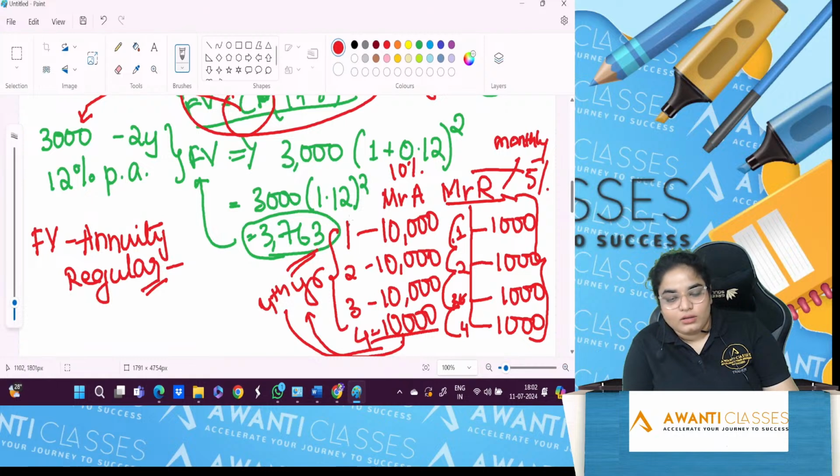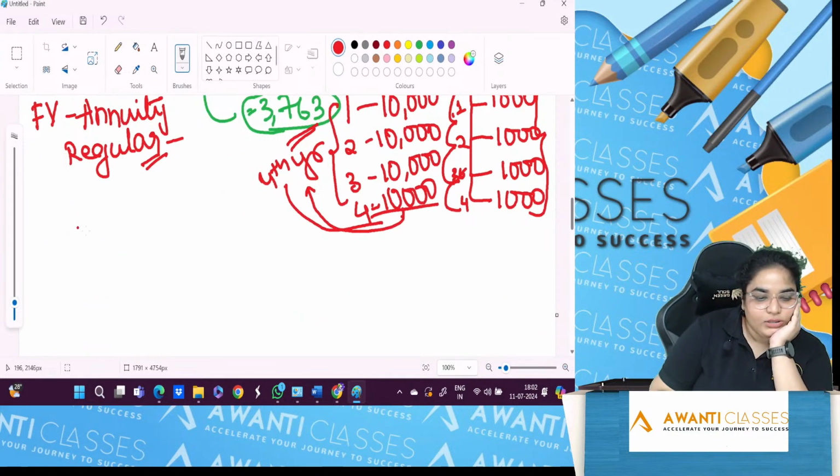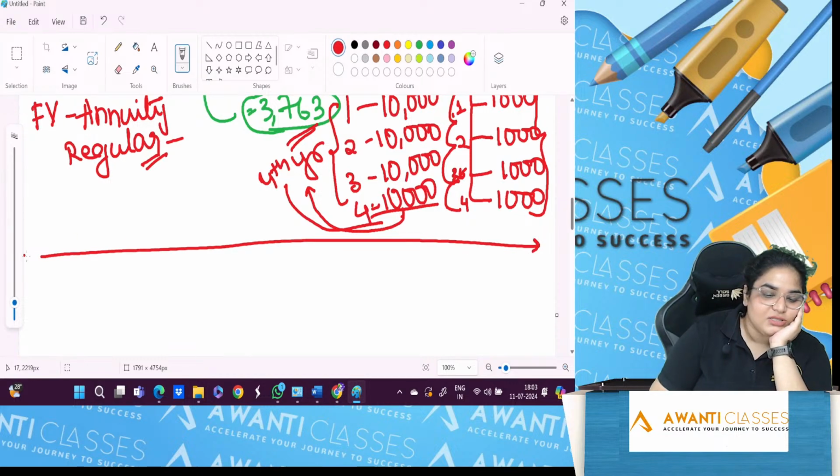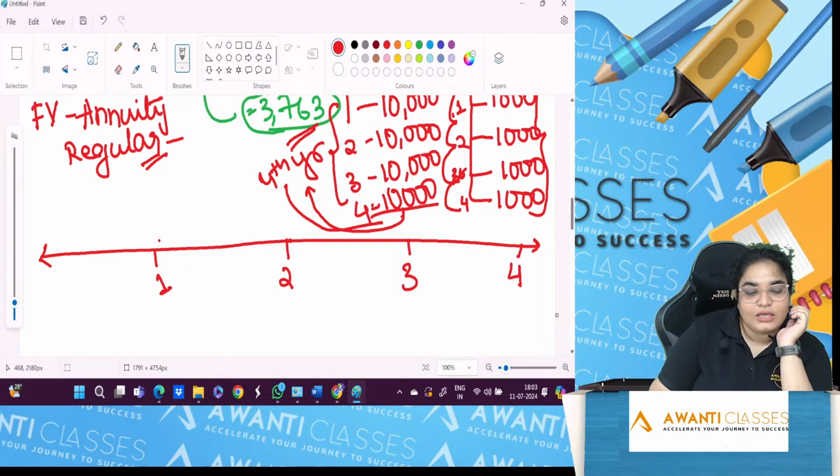Now, think about this. Okay, let us say this is 4 years. This is first year ending, second year ending, third year ending, and fourth year ending. So here Mr. A has paid 10,000 rupees. Here also he has paid 10,000 rupees.